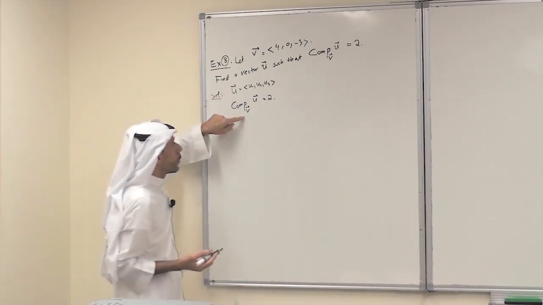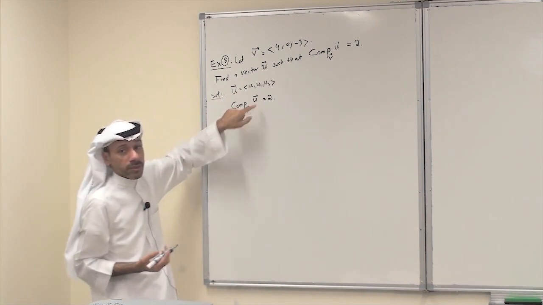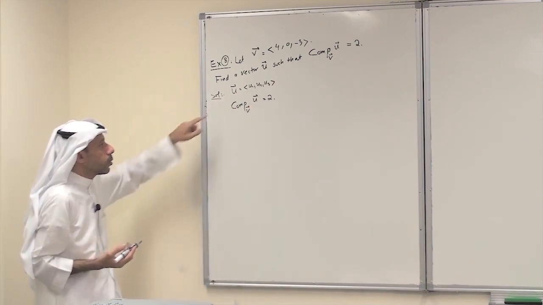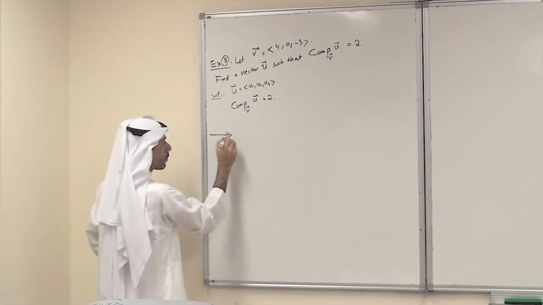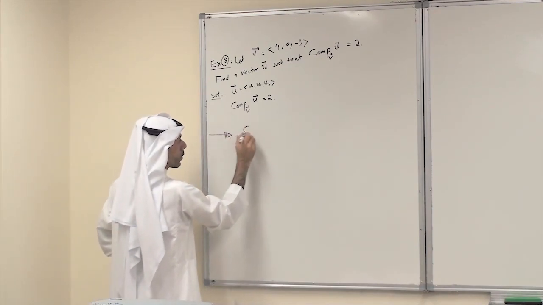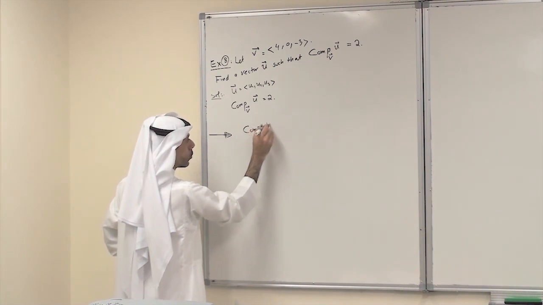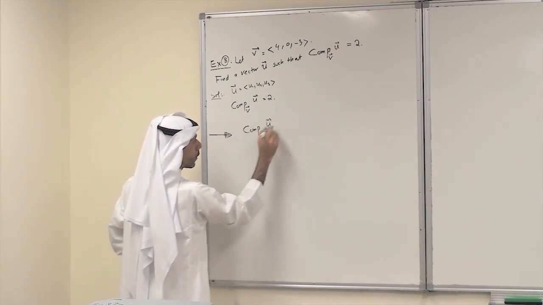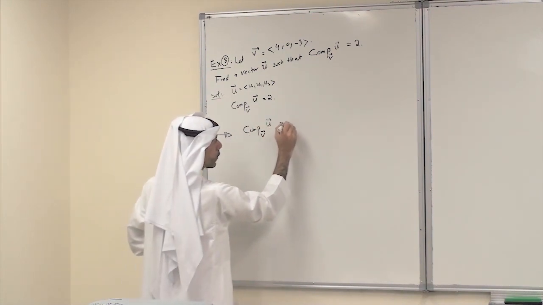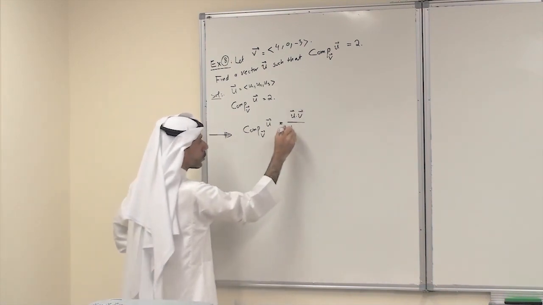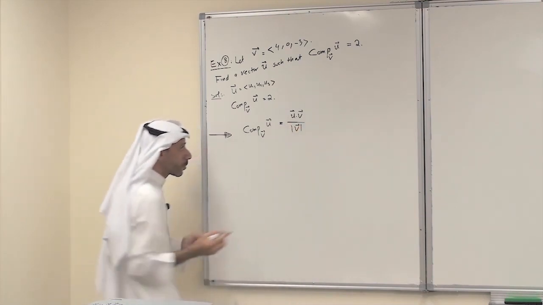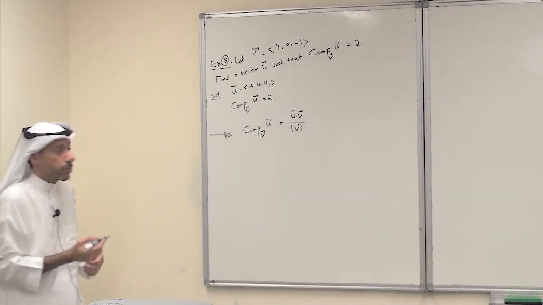V is known, so what is missing is U. Here we use the formula for the component of U on V. The component of U onto V is the dot product of U and V over the magnitude of V. And substitute.